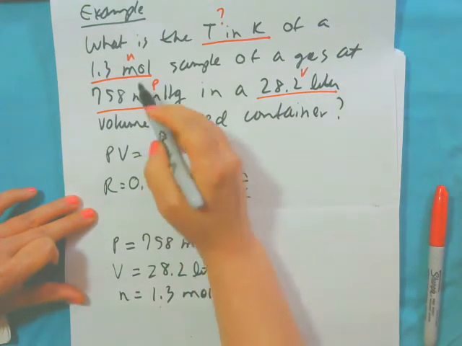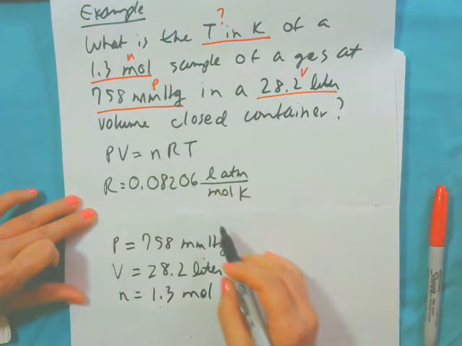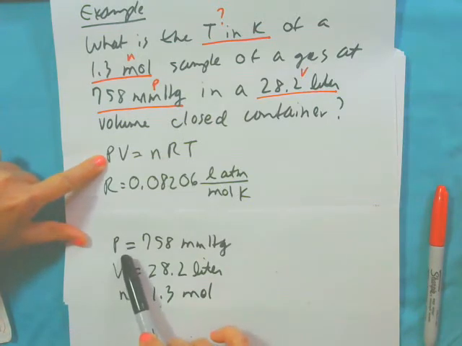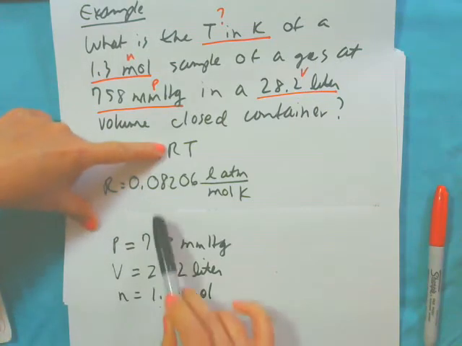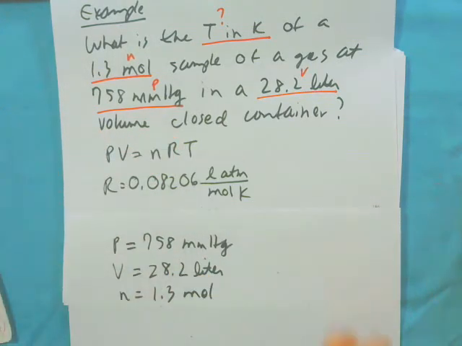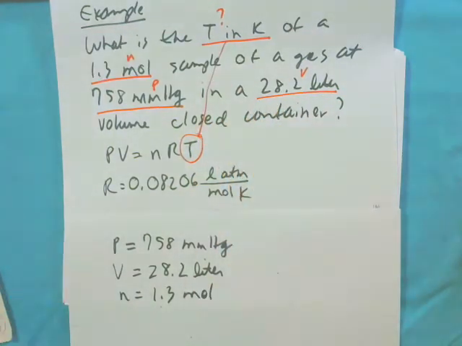How did I know that was n? Well, it said moles. So when we look at our equation, I've got P, I've got V, I've got n, I've got R. The only thing I don't have is T, and I'm looking for T. So there you are.